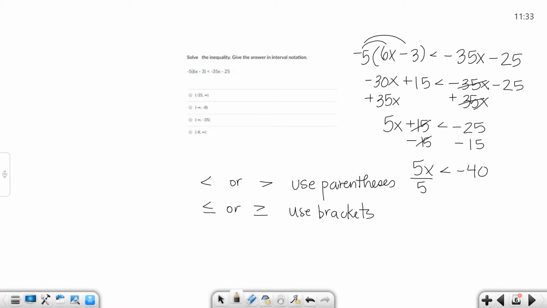Now I'll divide by 5. That 5 is positive. Since that 5 is positive, you do not flip. Okay, so that's what my answer looks like before I put it in interval notation. So in interval notation, here is my negative 8. You'll see it's pointing in this direction, so you're going to shade in that direction.